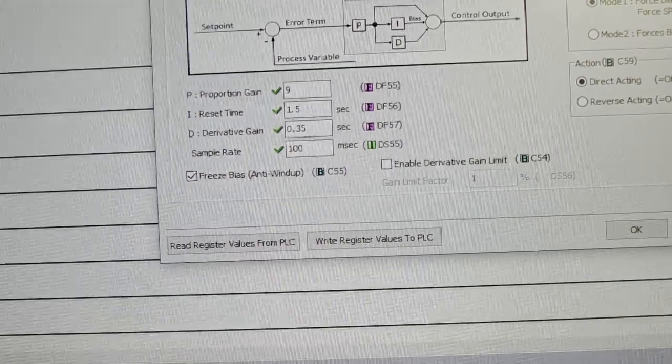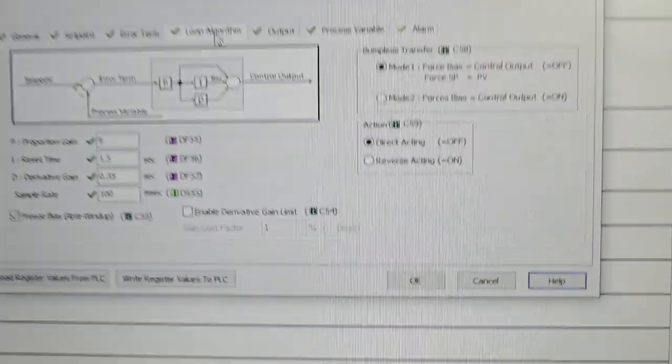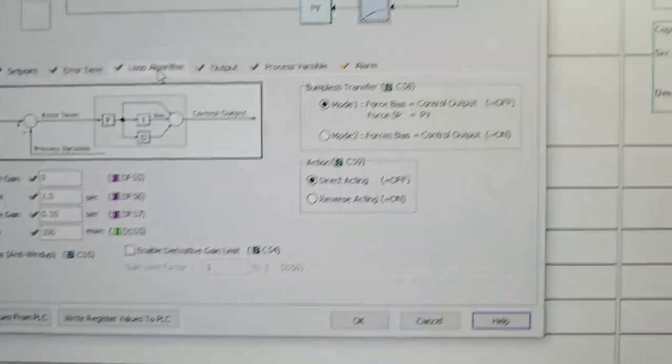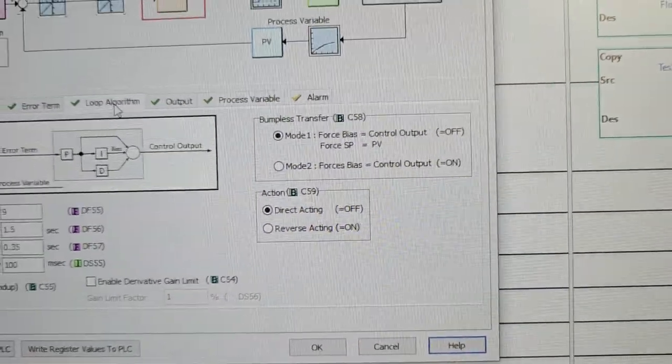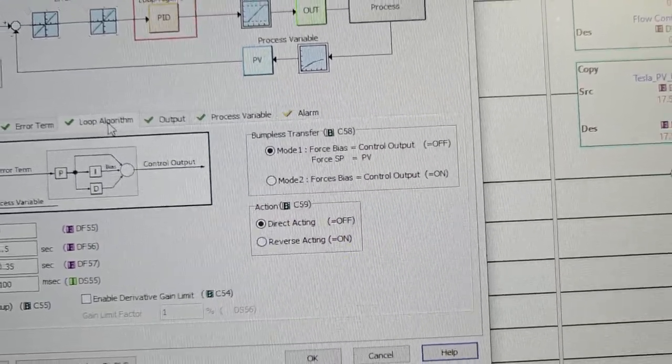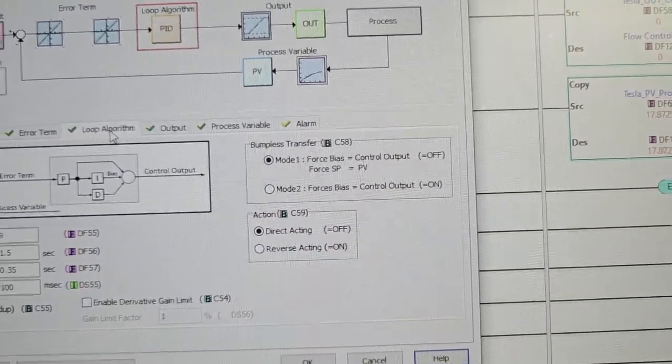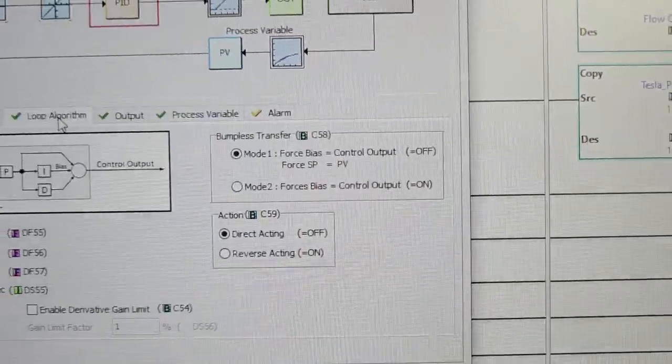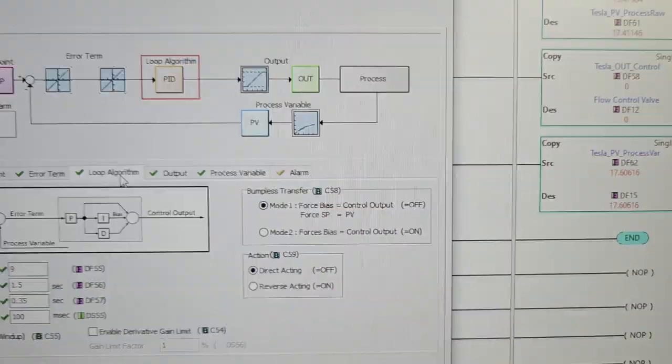We have anti-windup on so that we don't accumulate error. Derivative gain limit is off. We have direct acting so that when the system has an error that is positive, then it needs to increase. And then bumpless transfer is in mode 1.